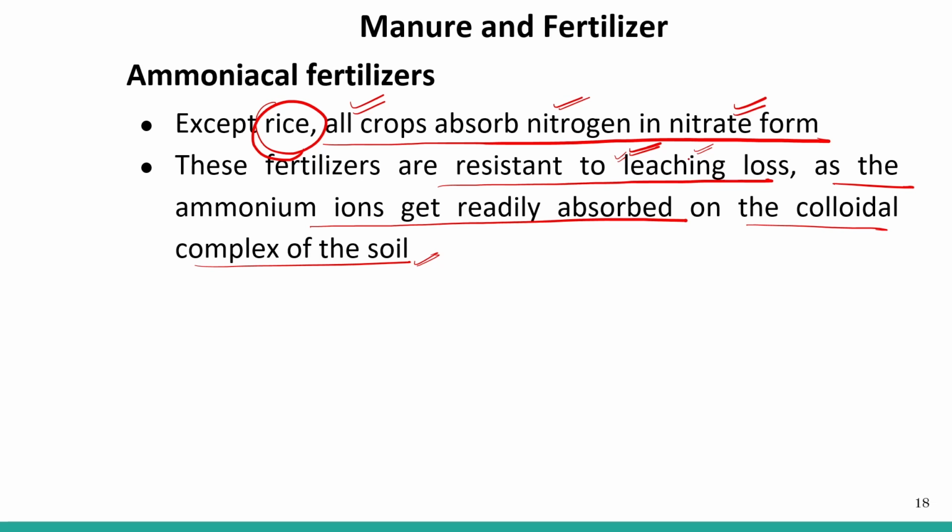When it reaches the ground table, that is the water table, the water quality of the water table also gets degraded, right? So this particular type of fertilizer gets easily absorbed on the colloidal complex of the soil, so there is no time for the leaching loss of this particular type of fertilizer.